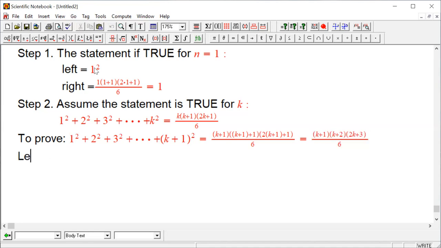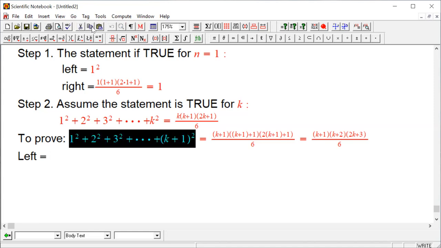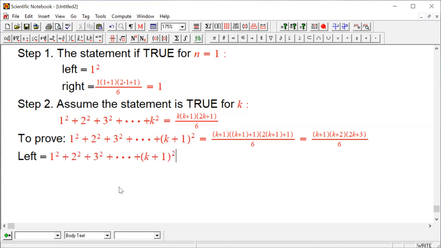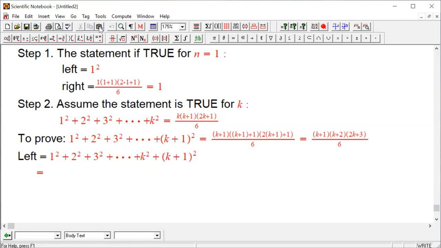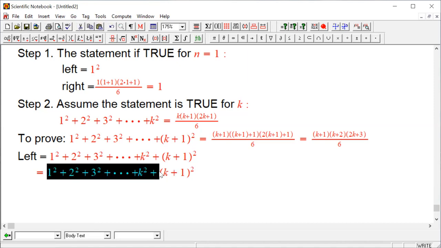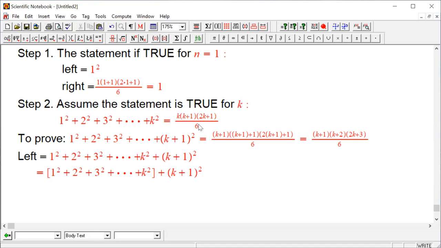So we're going to start from the left-hand side, which is right here. And the term before k plus 1 squared obviously is going to be k squared, right? And we're going to apply the assumed. We take this entire thing on the left-hand side, and we group all of the first k terms together, apply the assumed.